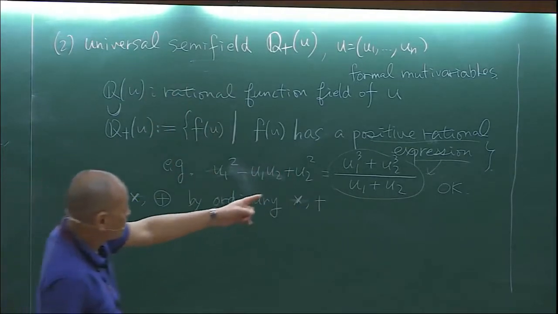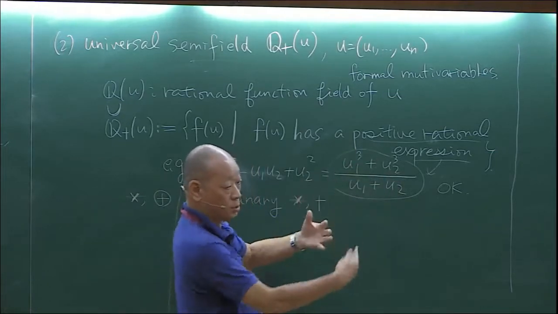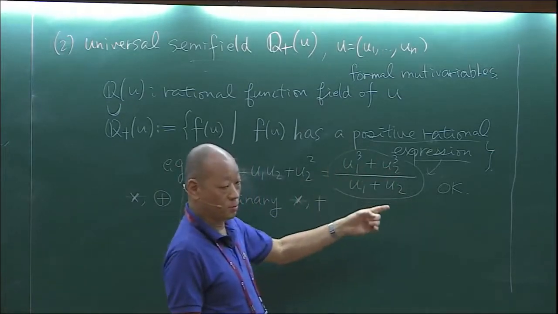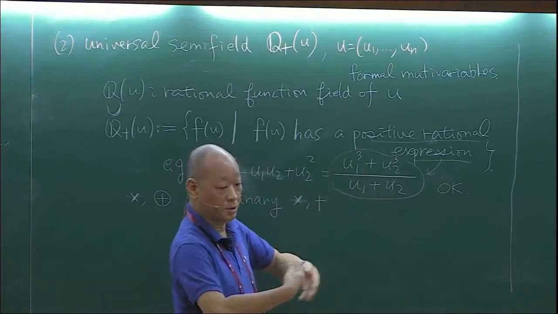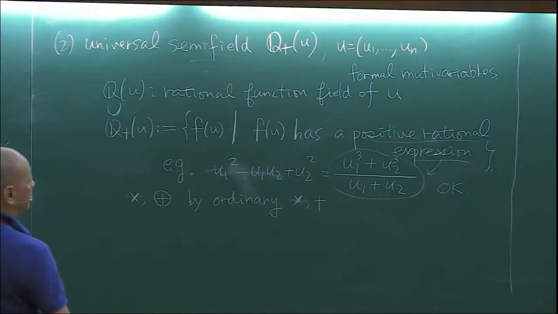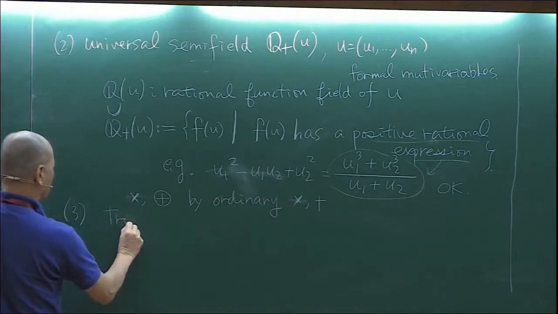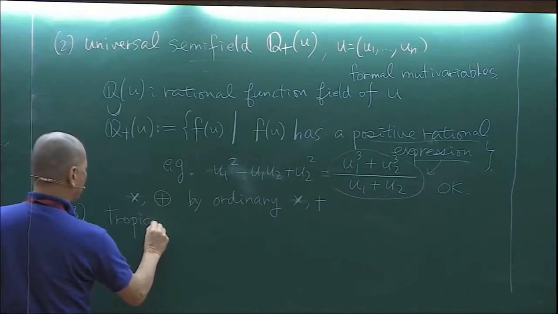In this form, you can multiply and still have a positive expression, you add and still have a positive expression. But if you make a subtraction, now it makes a problem. Okay. And the third example is called the tropical semi-field.